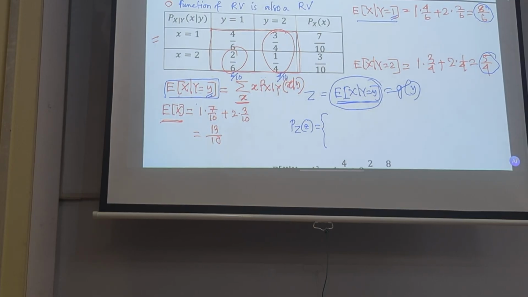PMF of z: when y is equal to 1, z has this value. Y equal to 1 occurs with probability 6 by 10. With probability 6 by 10, z has a value 8 by 6. And with probability 4 by 10, z has a value what? If now z is a random variable, z also has an expected value, right? What is that?